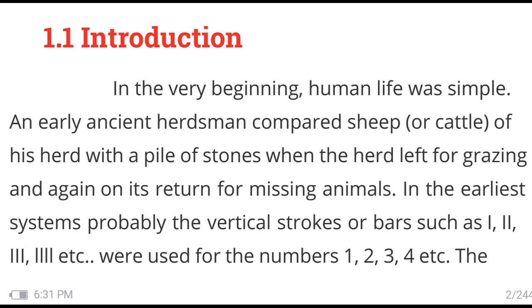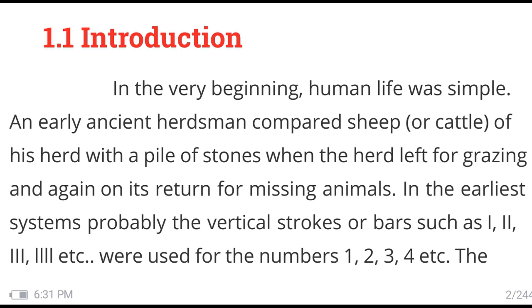Now let's start with the introduction or history of the number system. In the very beginning, human life was very simple. In an early incident, a herdsman compared the sheep or cattle of his herd with a pile of stones when the herd left for grazing and again on its return, to check for missing animals.